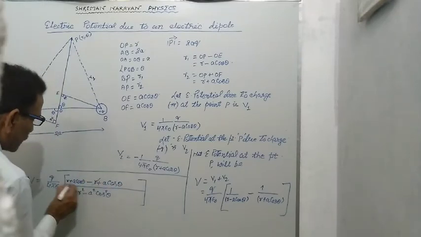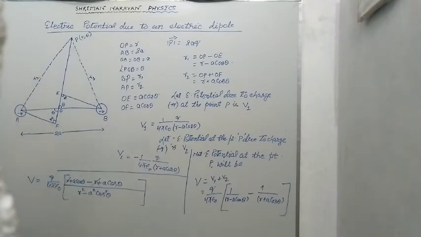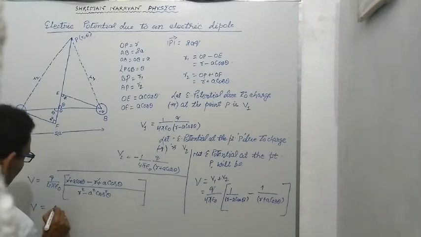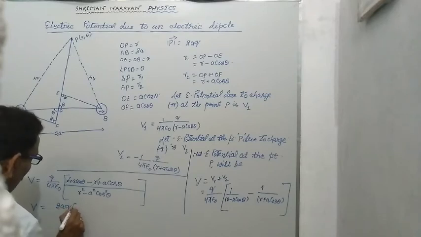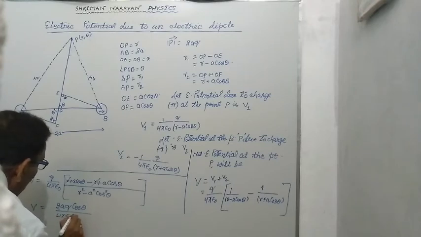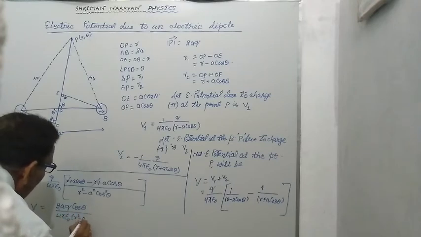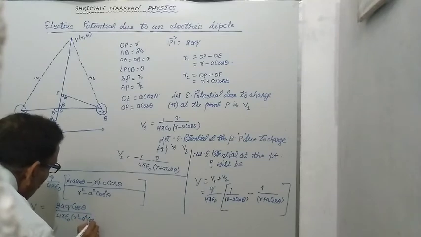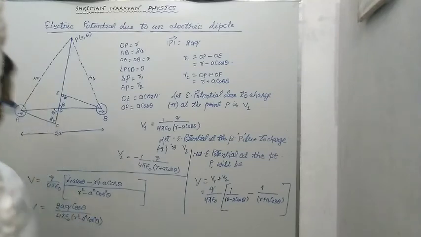Now minus r plus r will cancel out. So what do you get? You get V equals a cos theta plus a cos theta, that is 2a cos theta. So here we get V equals 2 into a into q cos theta divided by 4 pi epsilon naught into r square minus a square cos square theta.